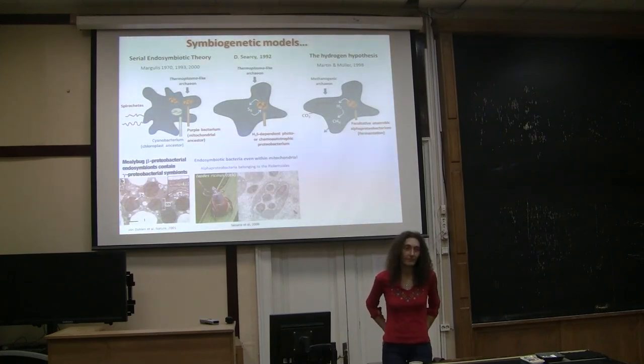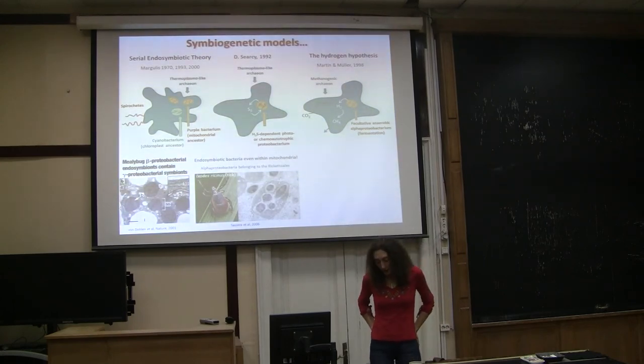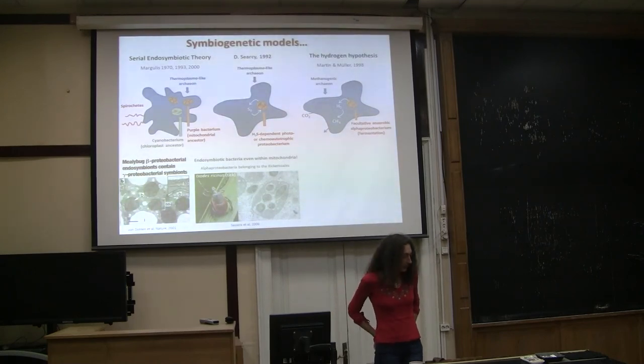Thank you again for your lecture, and I have a question. Are there some hypotheses about a viral origin of the nucleus? Yes, I haven't mentioned that. There are some hypotheses proposing that giant viruses may have been at the origin of the eukaryotic nucleus.